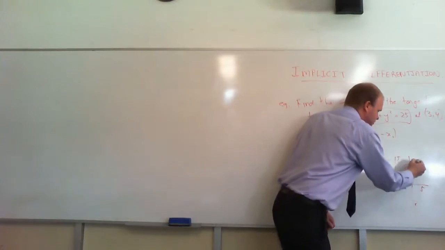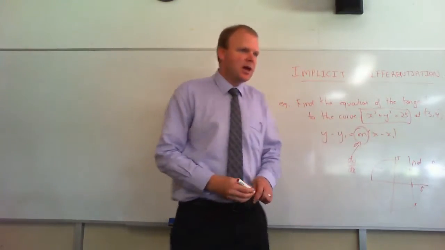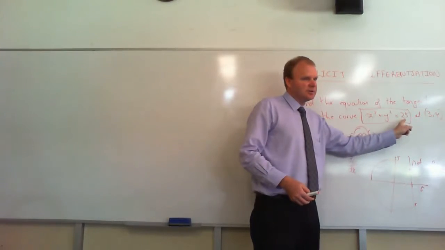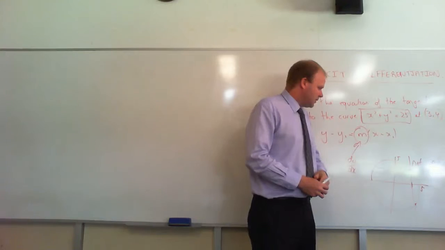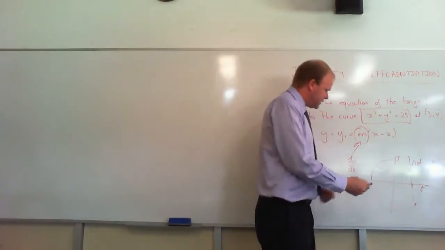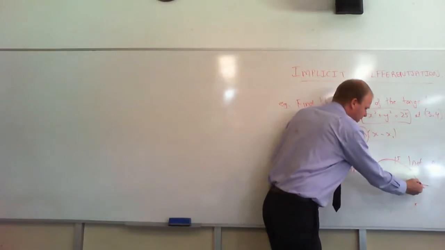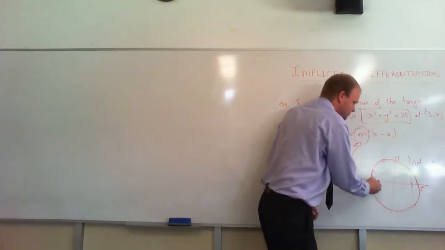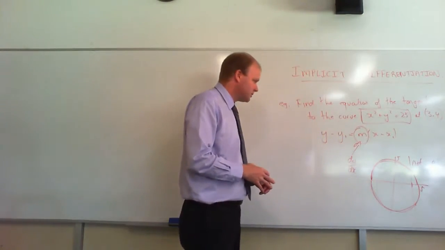So this is not a function. And that's why we can't differentiate it from this point using our normal methods. The circle is actually made up of two functions. The top half and the bottom half are each individual functions.